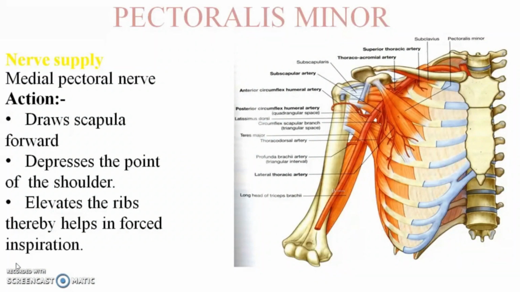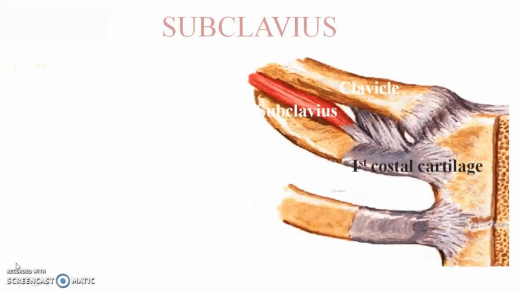So at the breathing process also it is going to help, that is during inspiration it is going to elevate the ribs. So one thing is it draws scapula forwards. Another point is it is going to depress the point of the shoulder and also elevate the ribs during inspiration process. That's all about the pectoralis minor muscle.